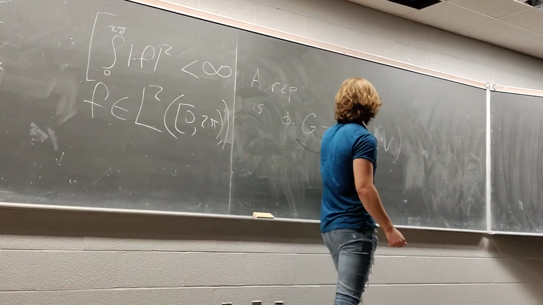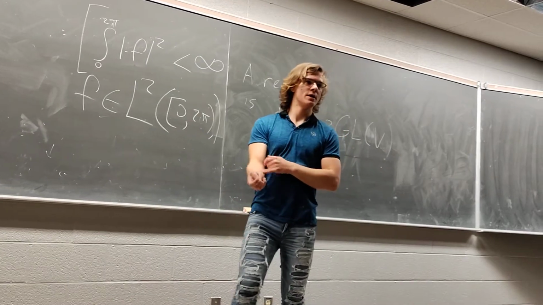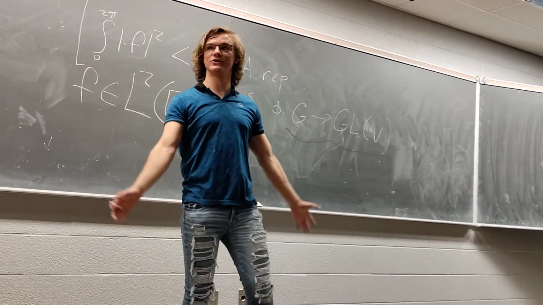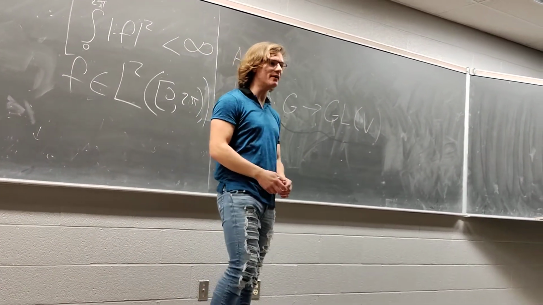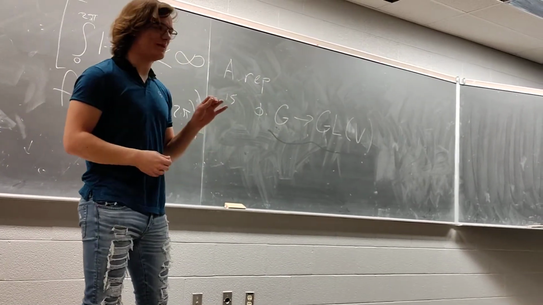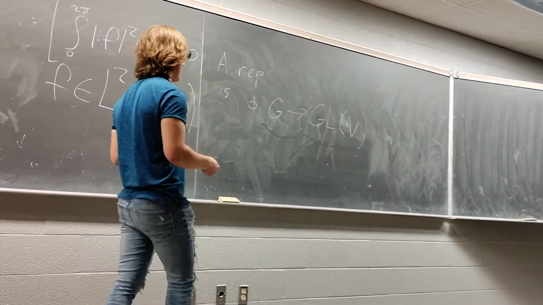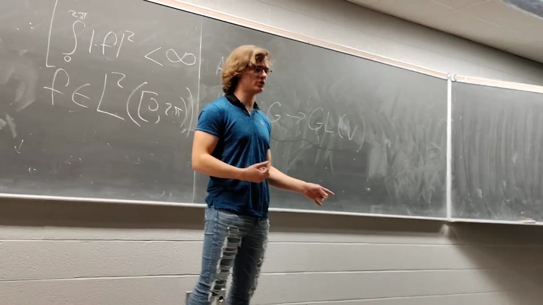Now, any one of these representations individually, unfortunately, doesn't tell you that much about the group. But the collection of all the representations together tells you a ton, which is really exciting. With the slight caveat being there are infinitely many. But luckily, there is a compact way to express what all of the representations are.